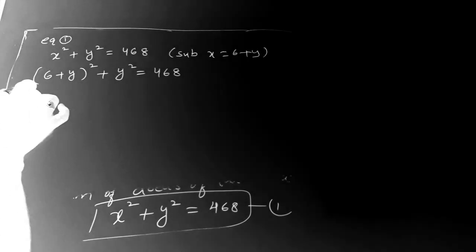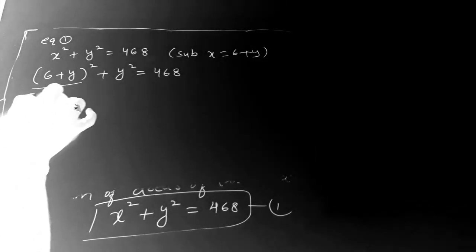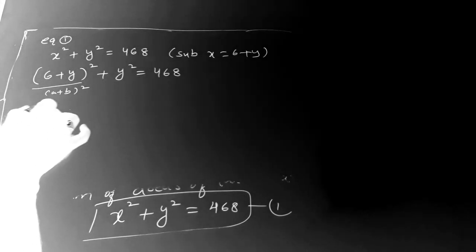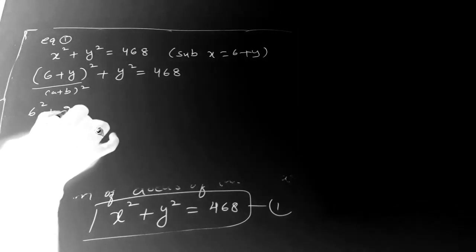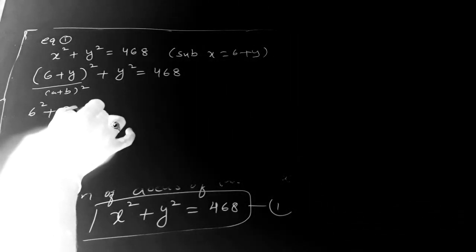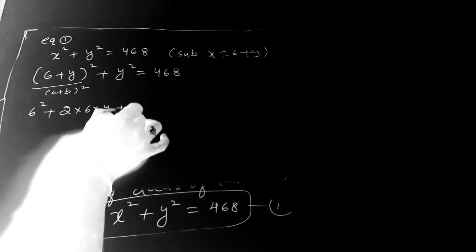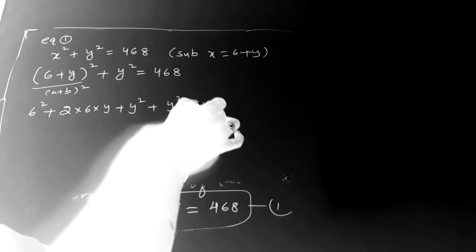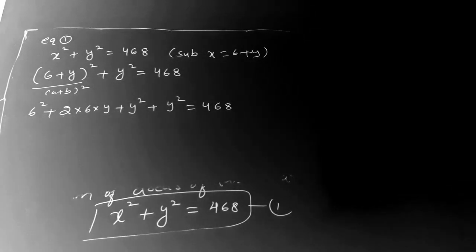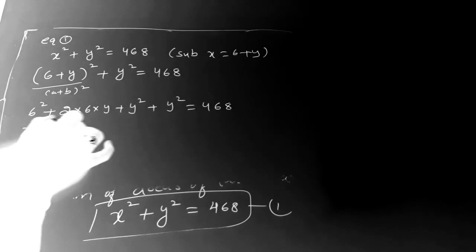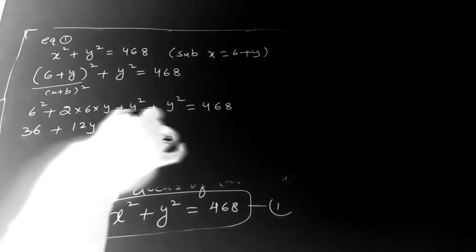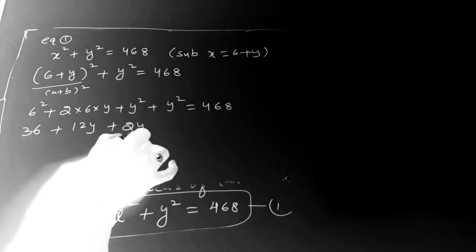Now this looks like (a plus b) whole square. Apply the formula a square plus 2ab plus b square, plus y square is equal to 468. So 6 square is 36, 2 into 6 into y is 12y, y square plus y square is 2y square.